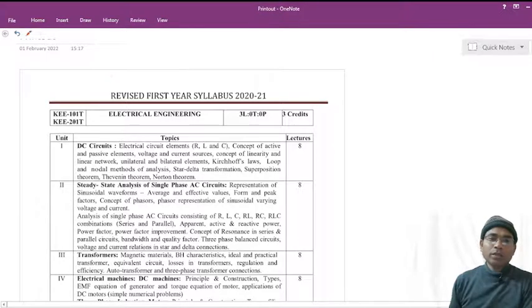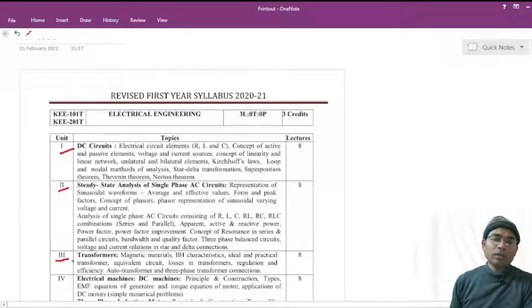There are 5 units in this subject. The first unit belongs to DC circuit, the second unit belongs to AC circuit, and the third unit belongs to transformer.